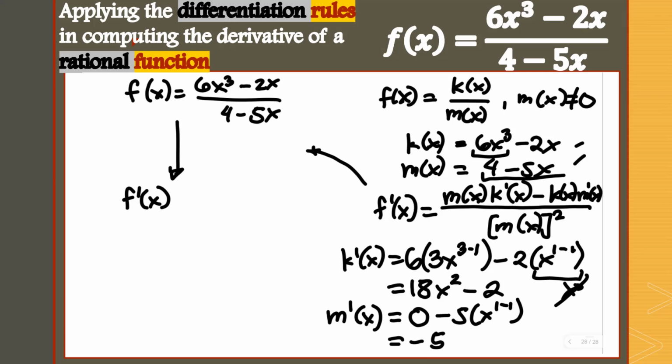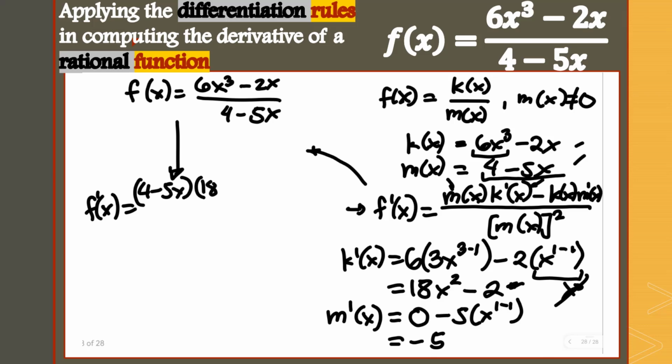With all of this already identified, let us proceed now to the derivative of this rational function following this rule, where first we copy our denominator 4 minus 5x times the derivative of our numerator here.